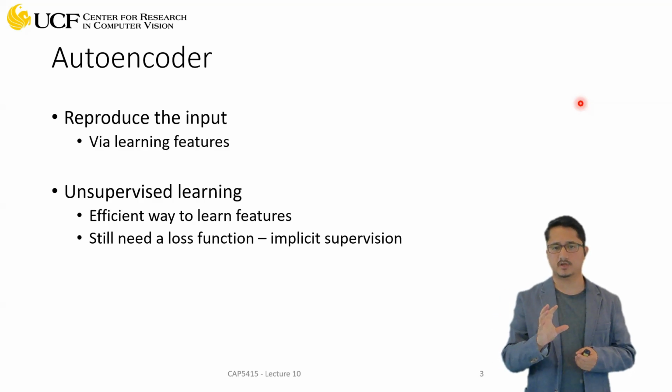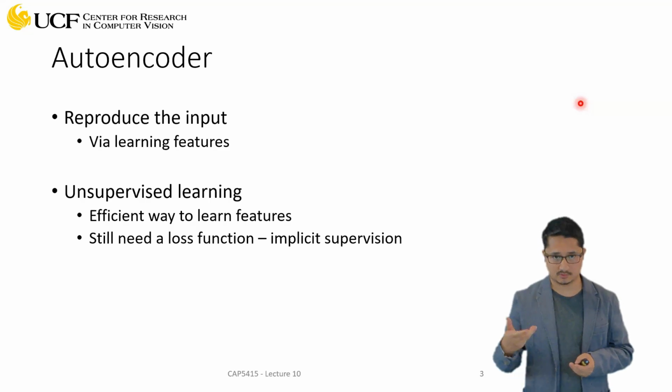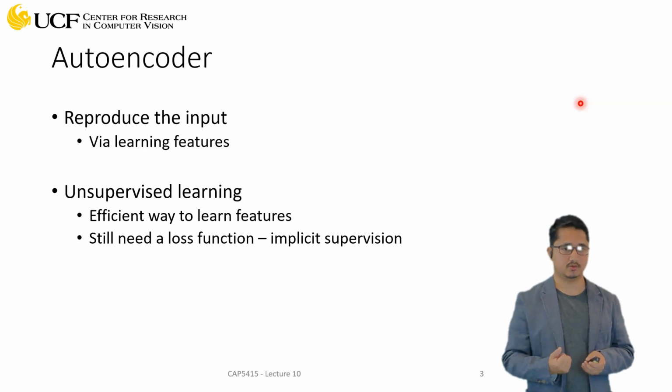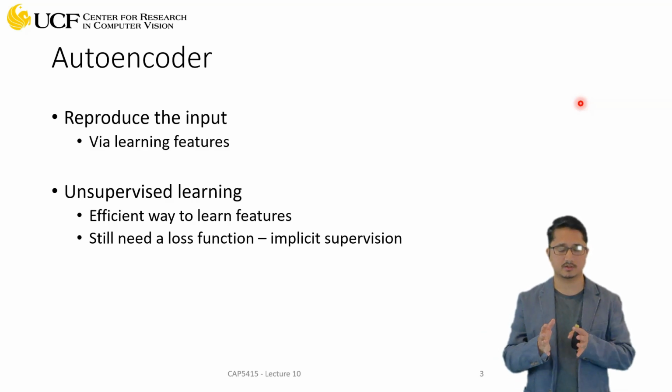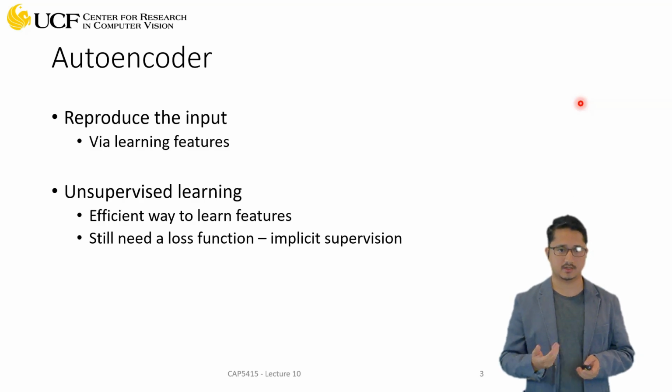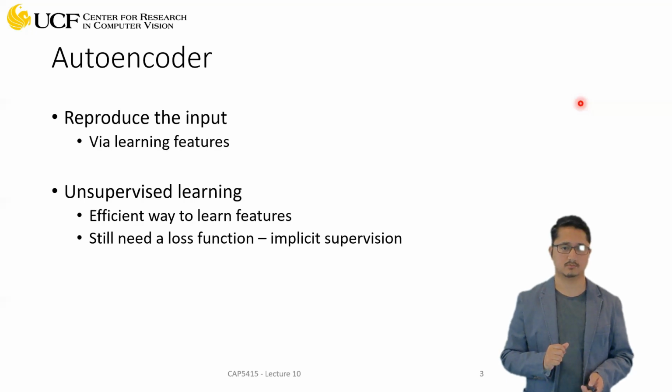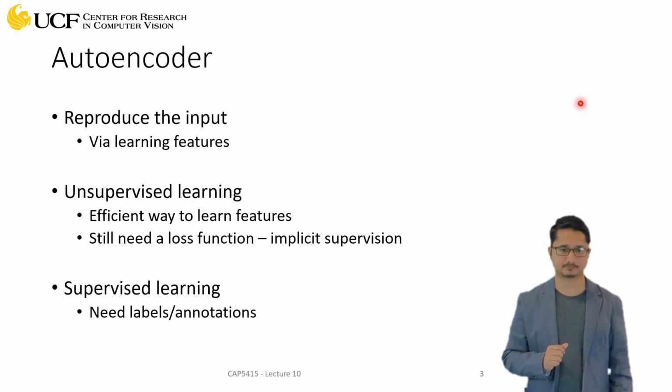So this is not completely unsupervised, because you have a loss function to train it, but unsupervised in the sense that you don't need annotations. Still, you will compute the loss values, you will compute the gradients, and you are going to train your model.